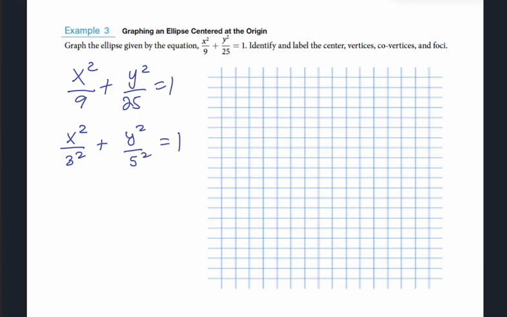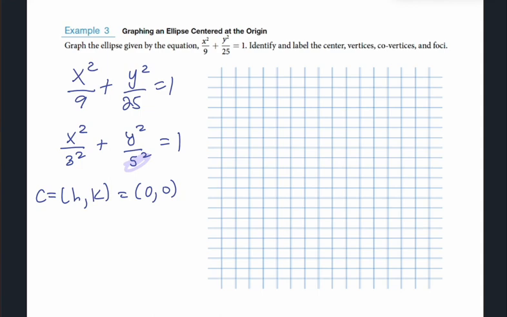Now, you might notice that the larger number is under the y, so our major axis is in the y direction. We are going to have the egg standing up, elongated in the y direction. Okay, so what do we know? Well, because it's an x squared, and there's nothing added on, the h, k, or our center, is at 0, 0.